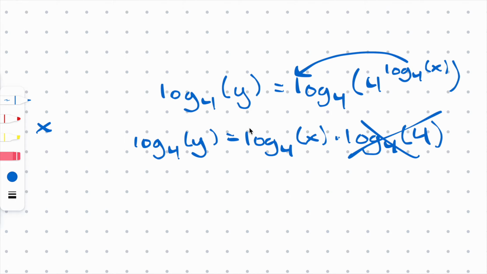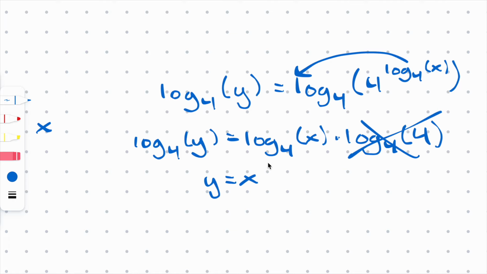From here, we can use the property we used in the last lecture about solving logarithmic equations to say these two arguments are equal. So we know that y equals x. Those arguments must be equal for this equation to be equal.